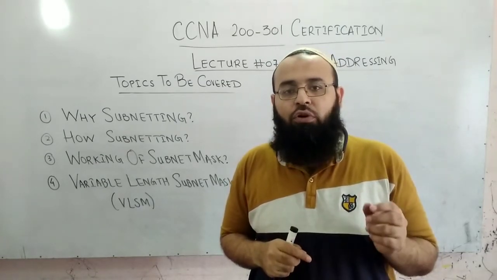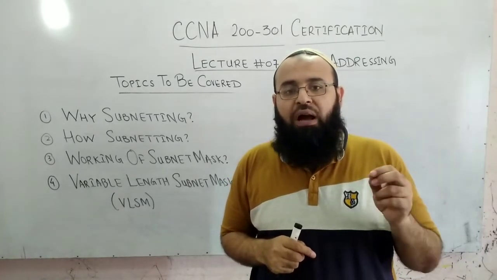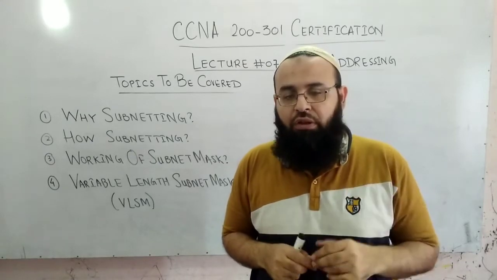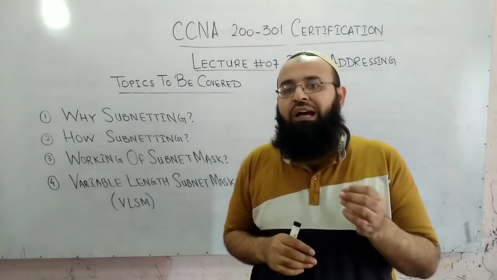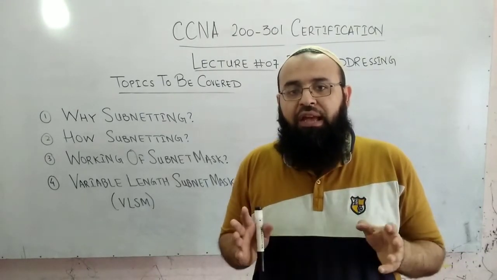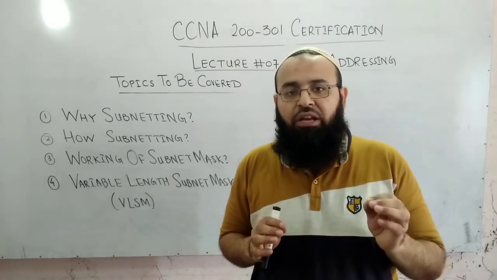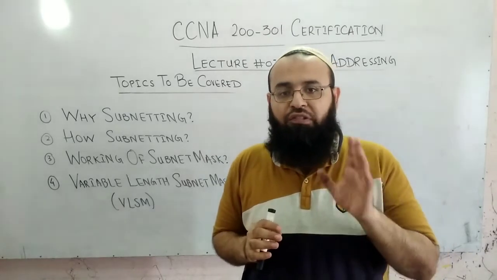With the help of those 24 host bits, we can form 2 to the power 24 minus 2 practical number of hosts. So if you consider a network in which you are using a class A IP address, then you will be having 2 to the power 24 minus 2 number of hosts possible.